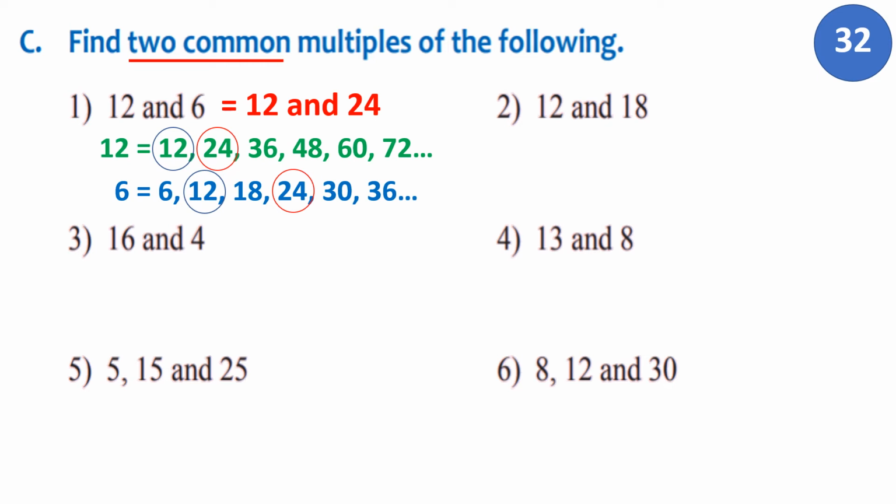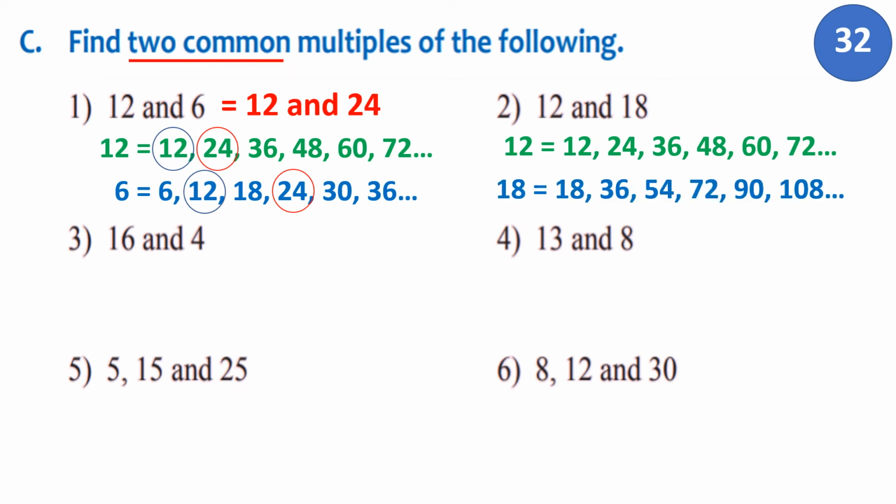Next is number 2. 12 and 18. For 12, you have 12 times 1 is 12, 12 times 2 is 24, 12 times 3 is 36, and then times 4 is 48, times 5 is 60, and 72.